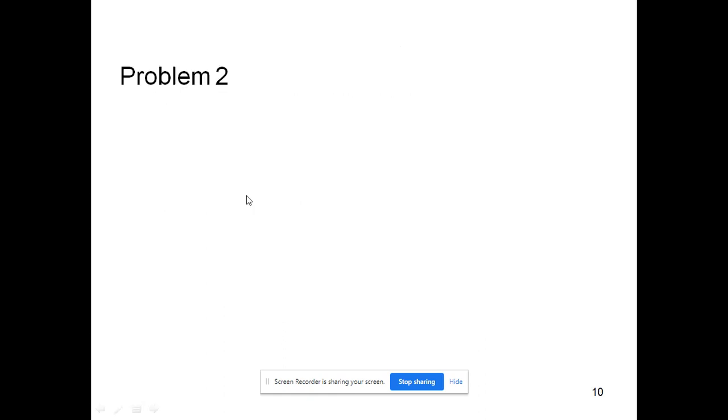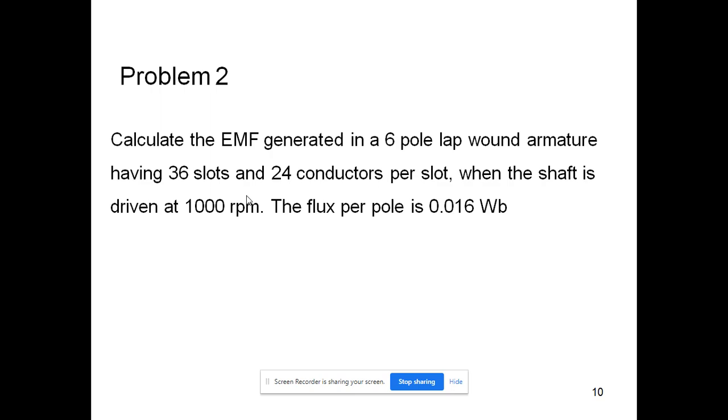Now let us see the second problem. Now I will read out the problem, grasp what is the given data and what we have to find out.